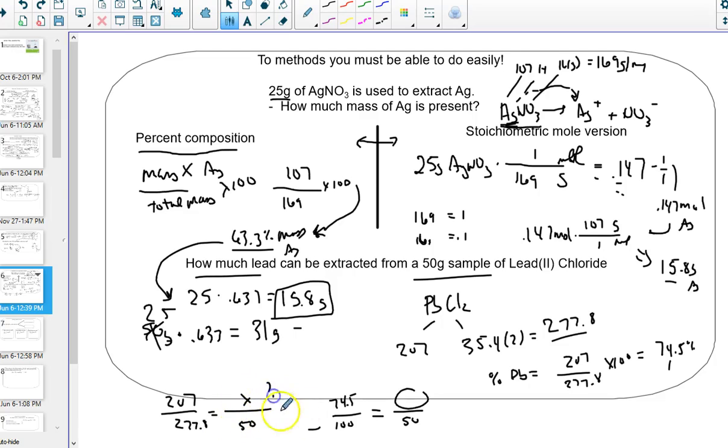It's the same proportion. So you could start at that point too, but times 50 equals about 37.2 grams. 37.2 grams of Pb in my sample of 50 grams. So almost, well, 70% of it is due to lead.